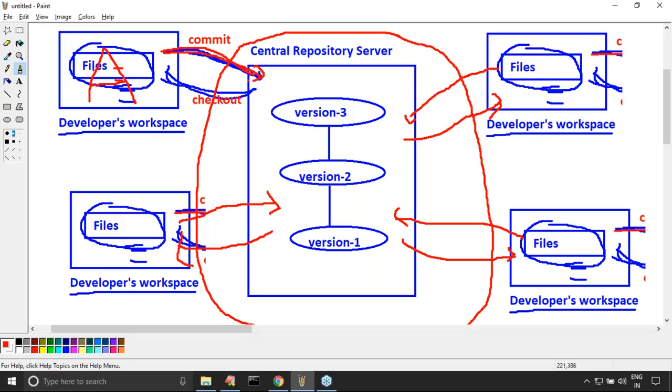Next, I did my required changes and I want to commit them. Where should the commit operation be performed? Again, the commit operation should be performed on the central repository server. Remember this very carefully.